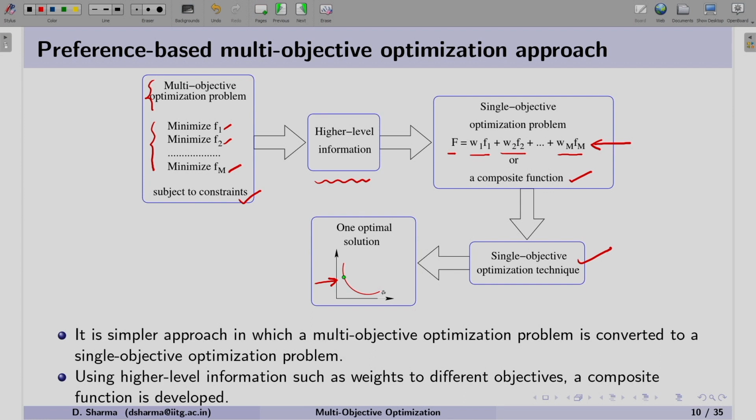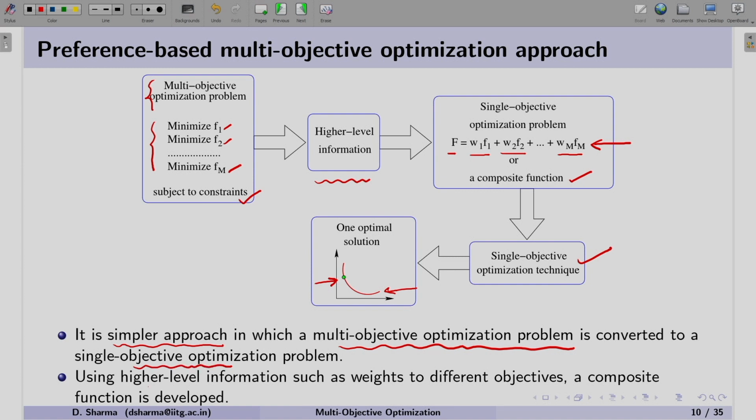Now, here the red line in this particular plot defines the Pareto optimal set. So, if we use the preference based multi-objective optimization approach, at the end we are going to get one optimal solution. This approach is simpler, in which a multi-objective optimization problem is converted into a single objective optimization.